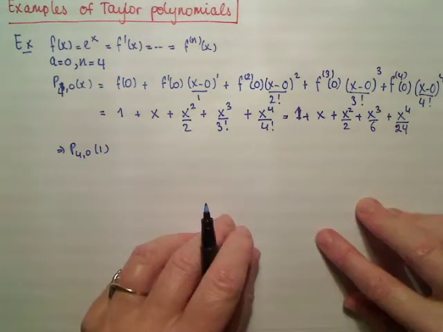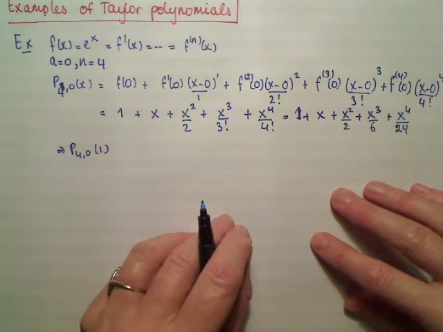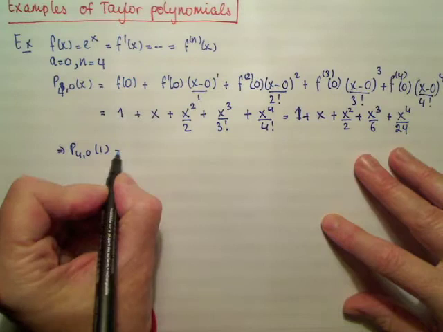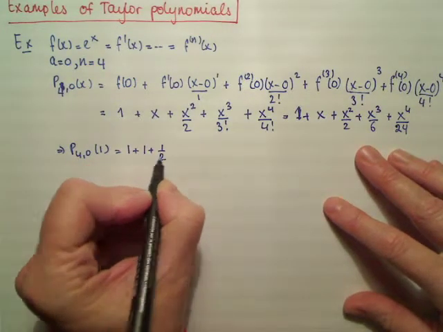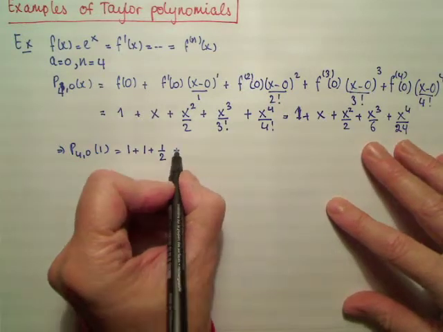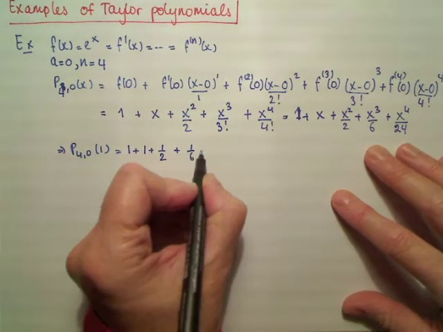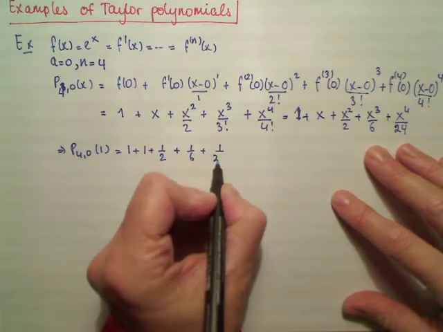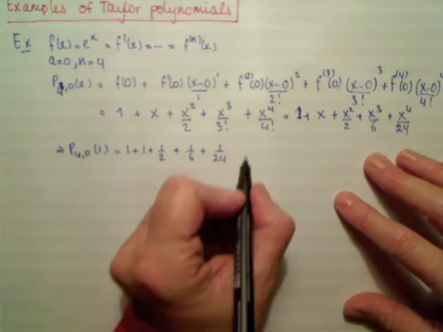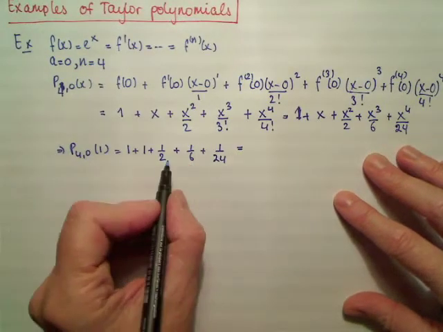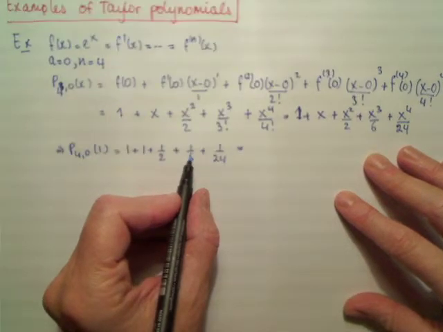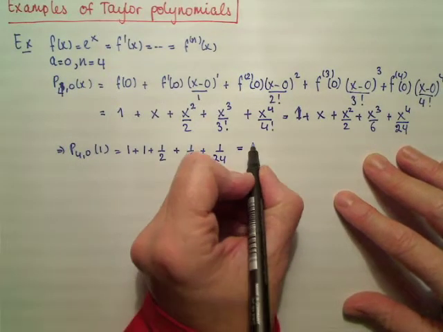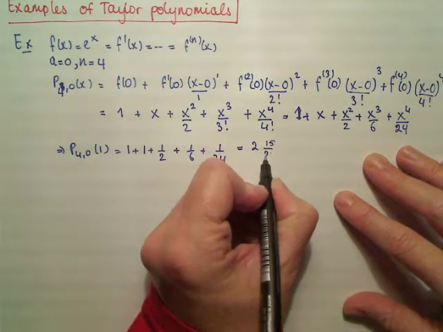calculate the value at 1, then we get 1 plus 1 plus 1 squared divided by 2 plus 1 to the power 3 divided by 6 plus 1 divided by 24, and it is something like 24 plus 24 plus 12 plus 4 plus 1 is 65 divided by 24.